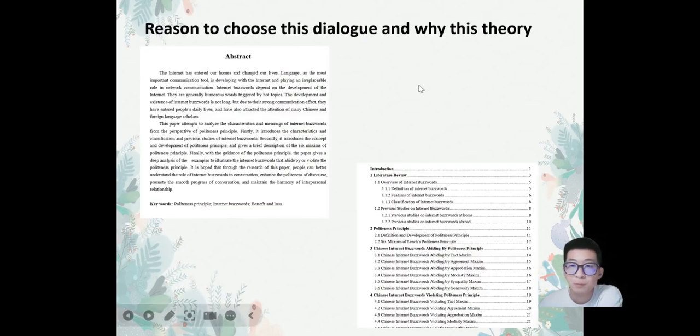And about the theory, I'm kind of familiar with it because back in my bachelor degree, I wrote my paper using the Politeness Principle and looking at the correlation between the Politeness Principle and internet buzzwords. So I think it is also reasonable to apply this theory to the teaching process.